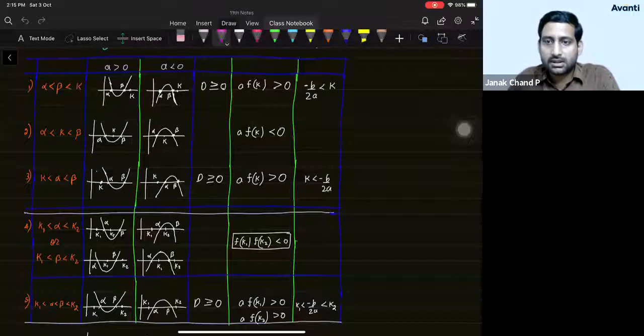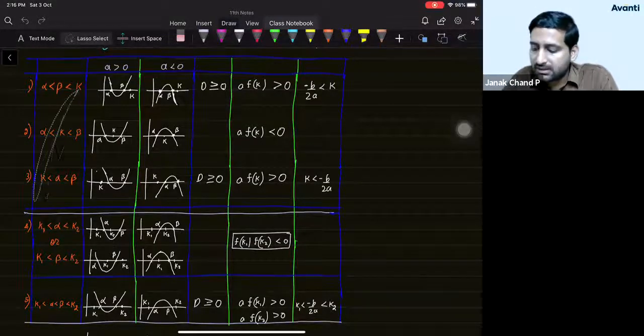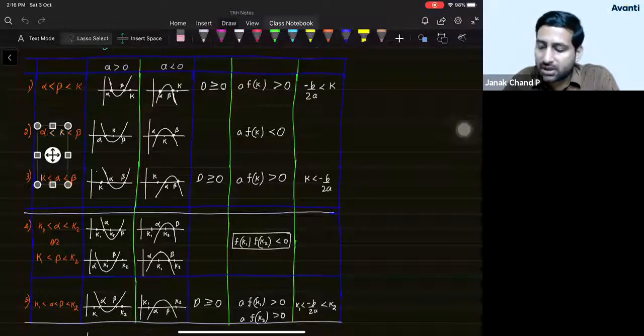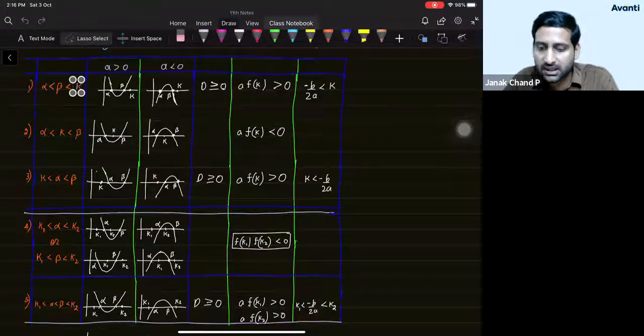So students, in the earlier session of today's class, the main thing that we have discussed was the concept of location of the roots of a quadratic equation, right? Five cases arise. The first three cases are comparison of the location of the roots with only one number. If both the roots are less than one given number k, it is the first case.